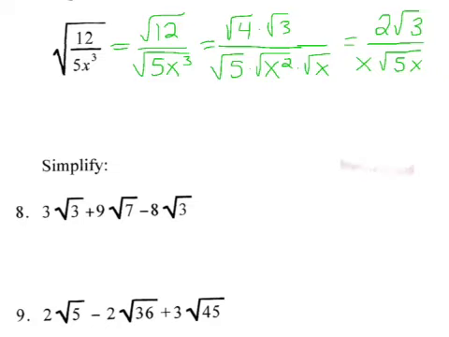So again, we are not done because of the 5x that is still in the denominator. So we need to multiply by the square root of 5x over the square root of 5x to rationalize and get the radical out.